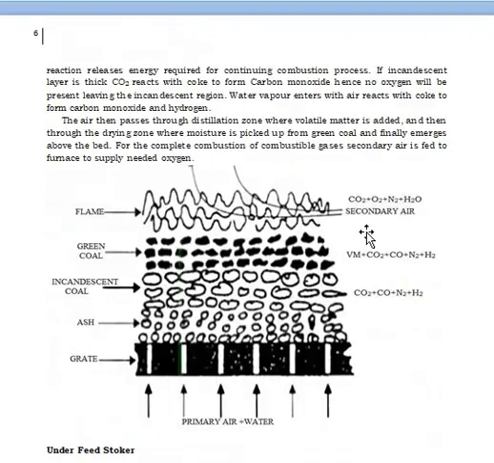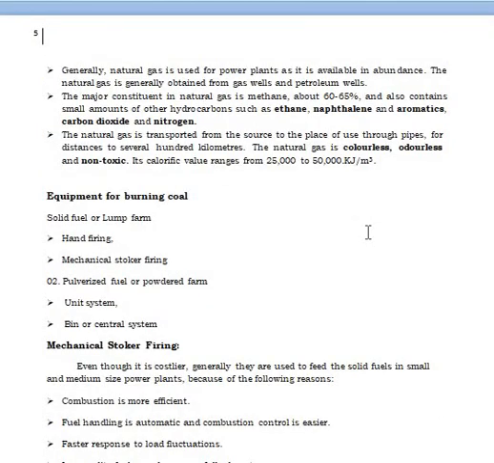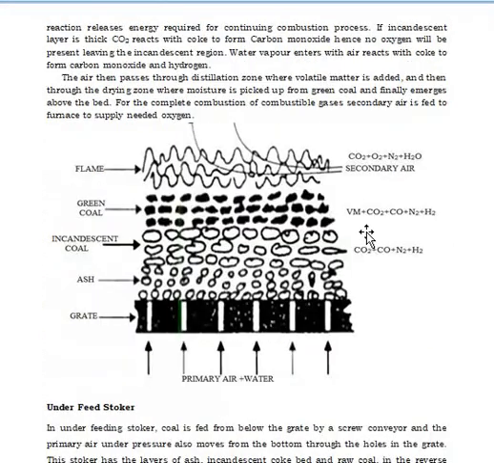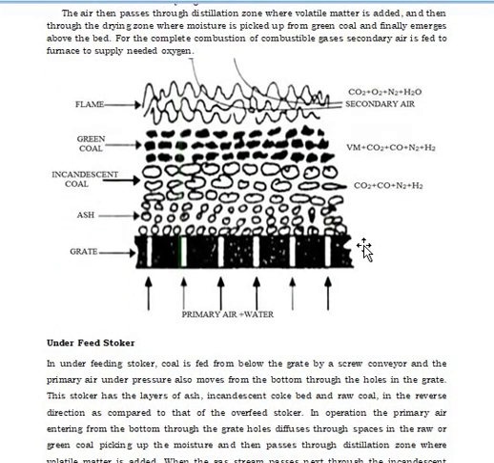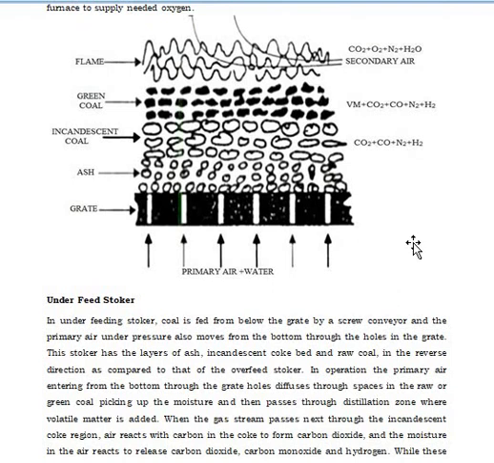You can see underfeeding. What is underfeeding? In an underfeed stoker, coal is fed from below the grate by a screw conveyor, and the primary air under pressure also moves from the bottom through the holes in the grate.